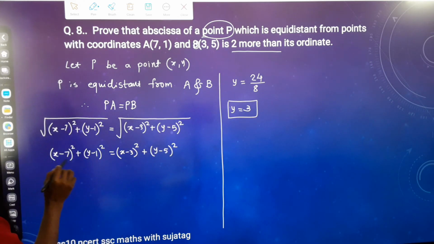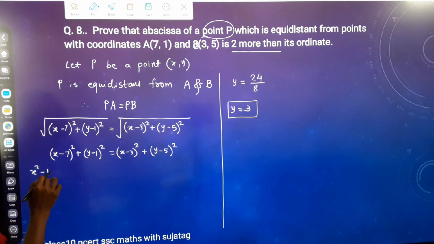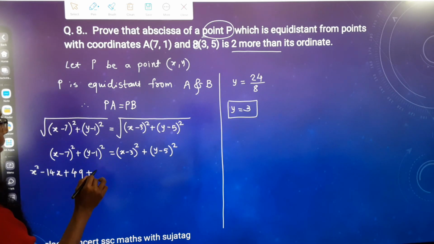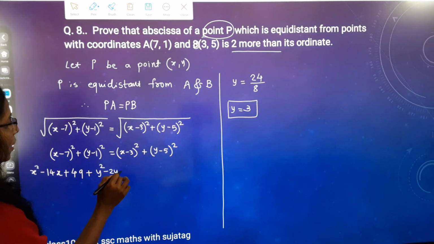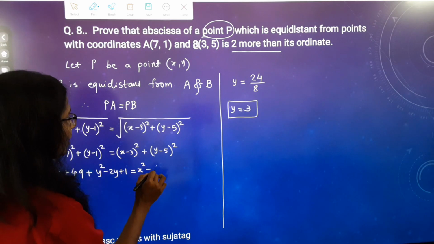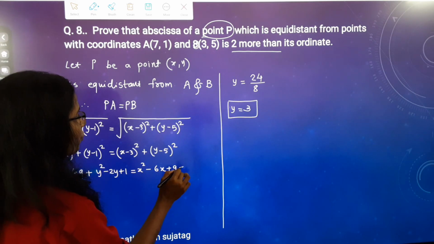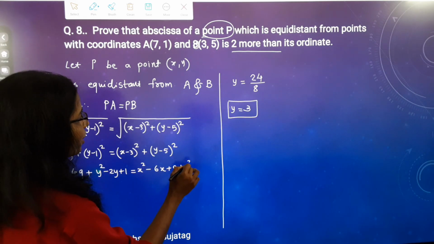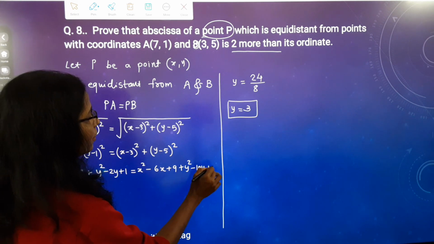Now the square of x minus 7 is x square minus 14x plus 49, plus the square of y minus 1, that is y square minus 2y plus 1. And then the square of x minus 3 is x square minus 6x plus 9, and the square of y minus 5 is y square minus 10y plus 25.